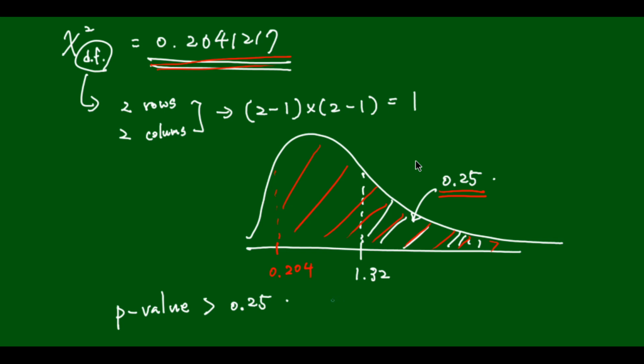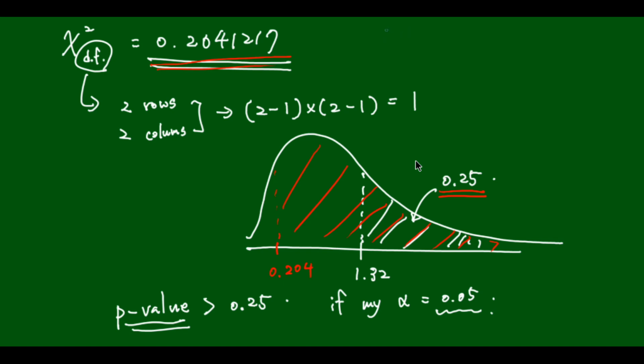So if my alpha is 0.05, then my p-value is larger than this one, right?